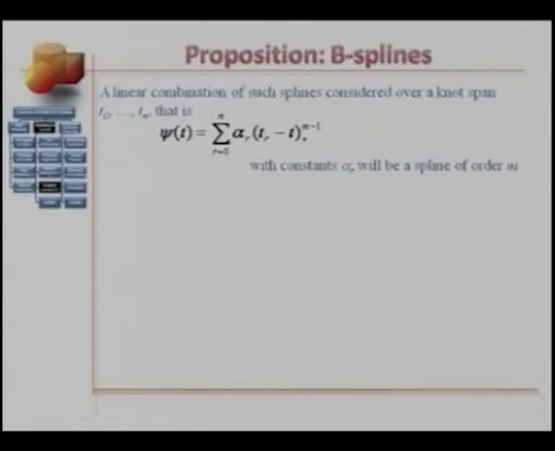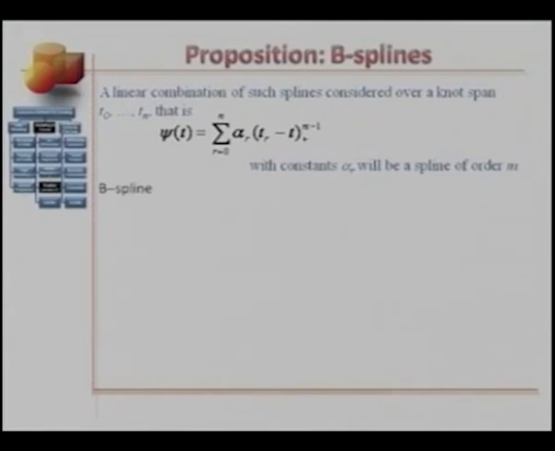Would you agree with me on this? We have seen before that each of these terms for whatever tr is a spline of order m. So why not the linear combination of these would be a spline? The observation seems good, and based on this observation we say the following.